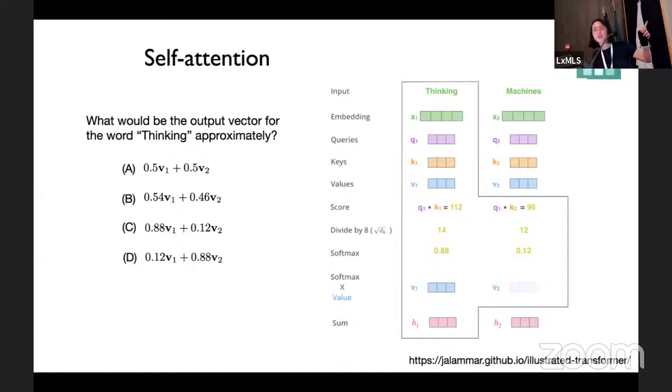Is this figure too light to see? I can explain. This is 112, and this is 96. This is 14, this is 12. This is 0.88, this is 0.12.